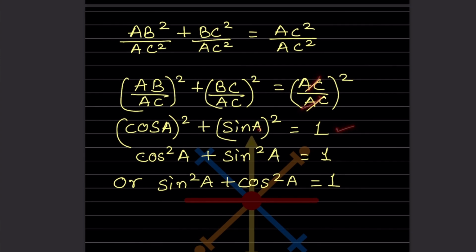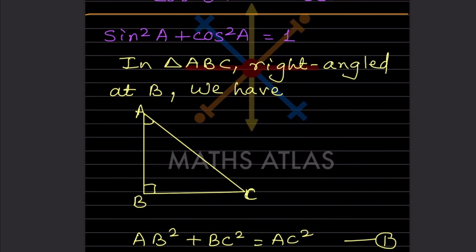That means this is going to be 1. So we can write cos square A plus sine square A is equal to 1. Or instead we can also write sine square A plus cos square A is 1. So this is proved.